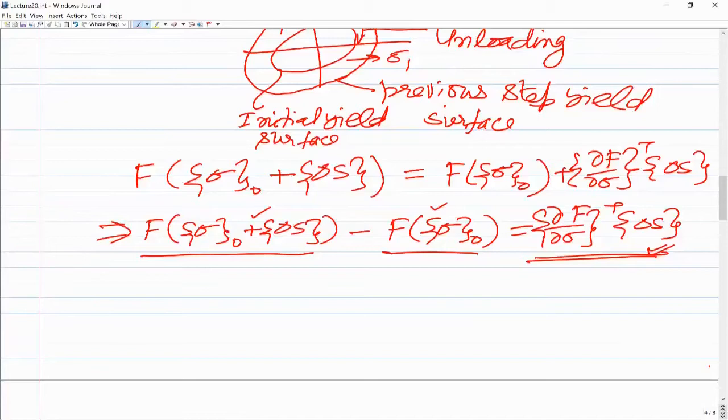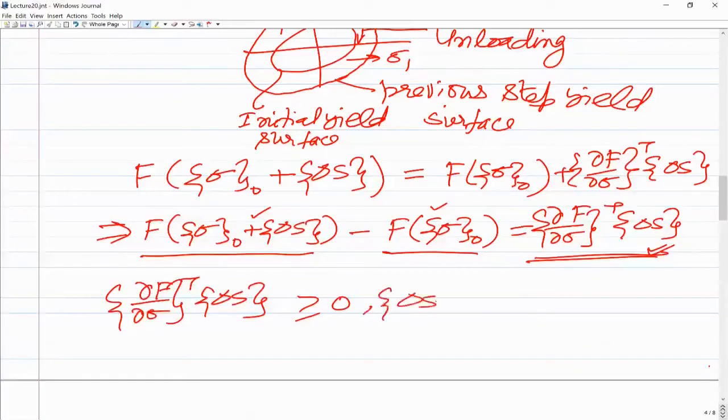So there are two possibilities. One is, as I said, del f by del sigma transpose into delta s greater than or equal to 0. Then the delta s direction, the trial stress direction, is an ascent direction. That means there is loading.